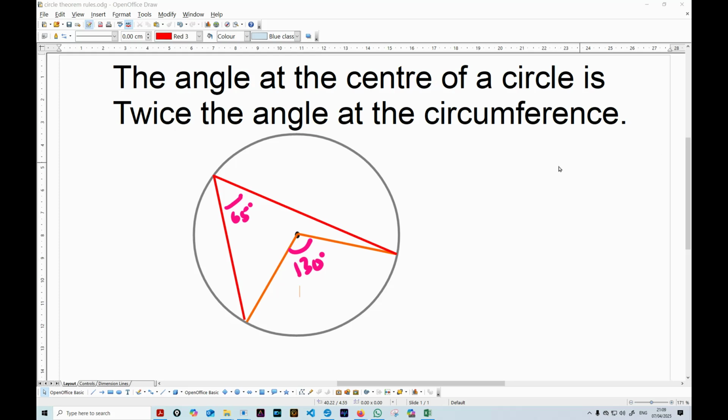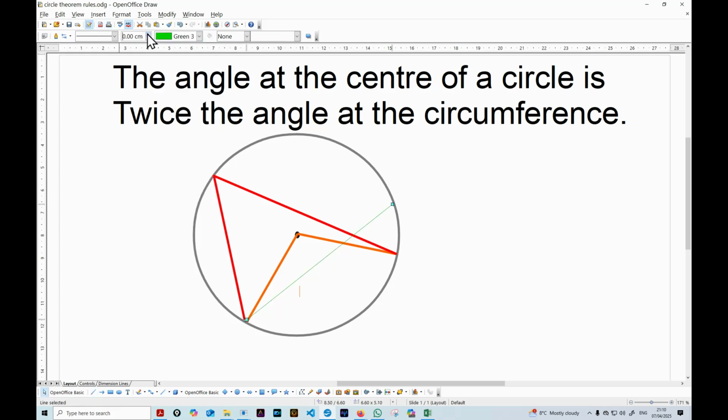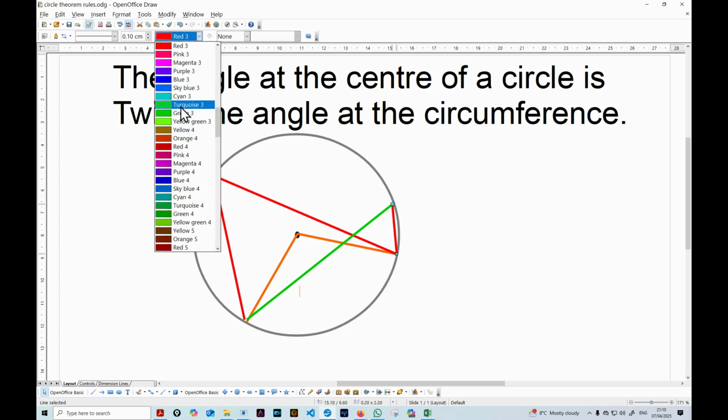Now let me explain one more thing. I'm going to have some green lines. Another line is here, ending at the same point.